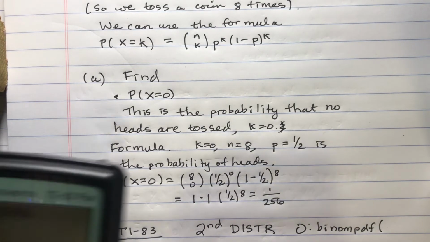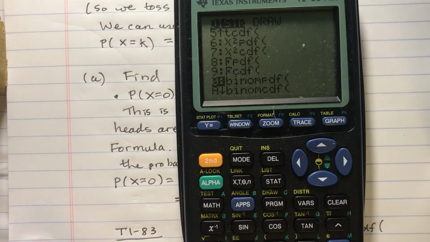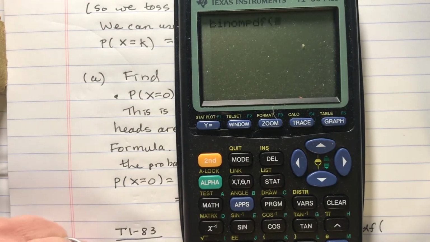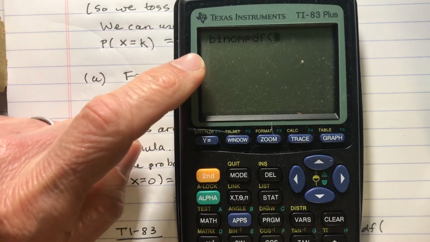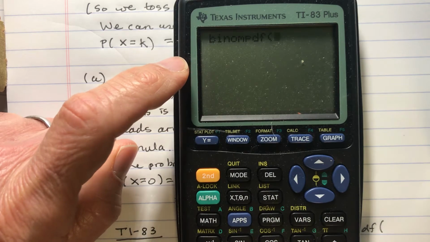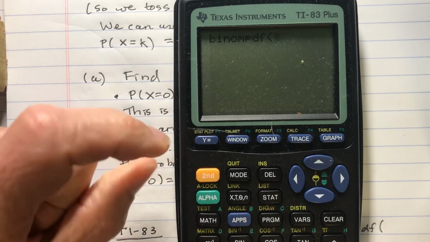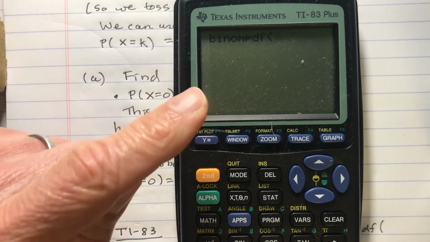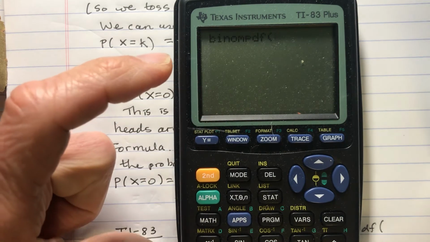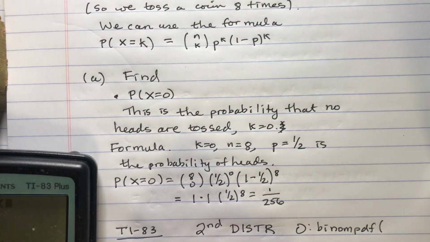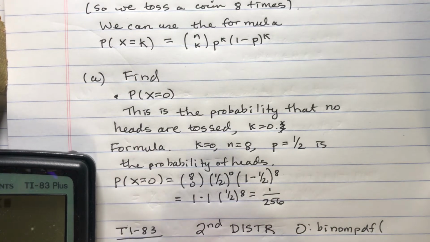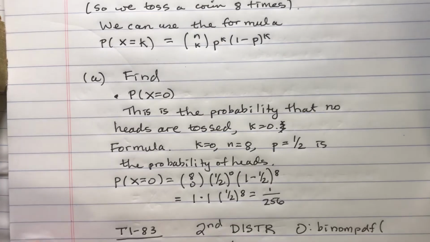And then you click on this. Now this is the part where I sometimes forget what to do because you have three numbers you need to put in there. You need to put n, which is 8. You need to put the probability p, which is a half, the probability that you draw one heads. And then you need to put in how many heads we're looking for, k. Sometimes I forget the order if I haven't done this for a while.